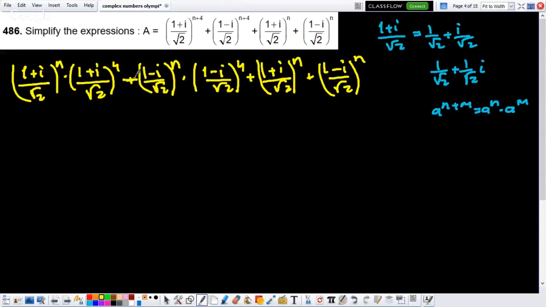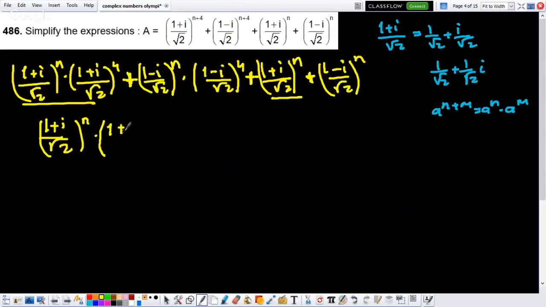If we separate them, maybe, these are common. We will have the common term 1 plus i over root 2 to the power of n in parentheses. These two I'm getting now here, this one and this one.